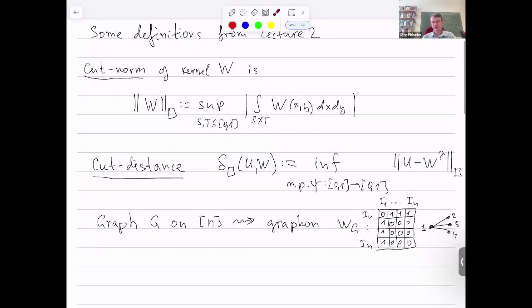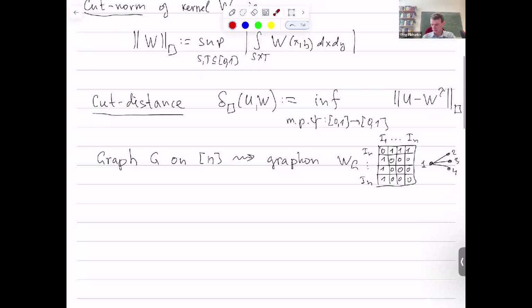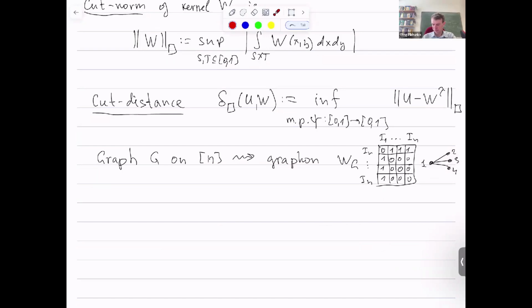And for graphs, we pretty much don't distinguish two objects if they are isomorphic to each other. Here, one way to define isomorphism of graphons is that I don't want to distinguish W from W psi, obtained when I change variables by applying some measure preserving transformation psi.